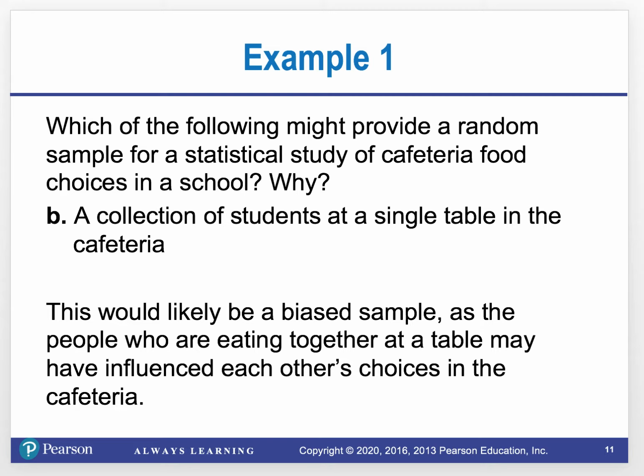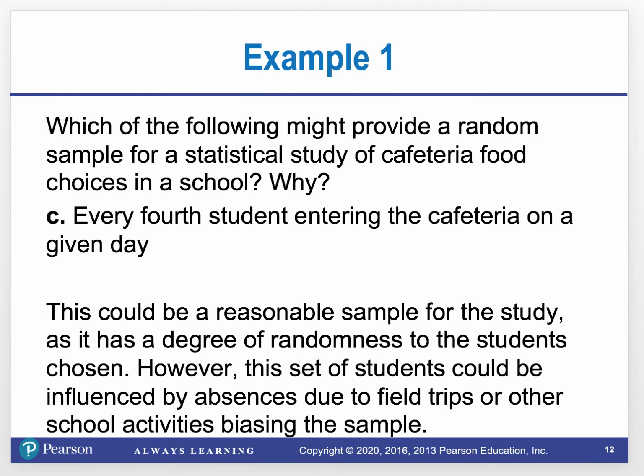A collection of students at a single table in the cafeteria. This would likely also be a bias sample, as the people who are eating together at a table may have influenced each other's choices in the cafeteria. Okay. Every fourth student entering the cafeteria on a given day.